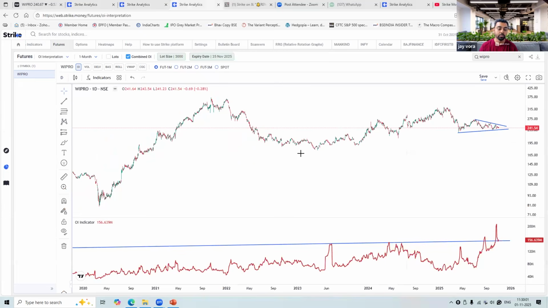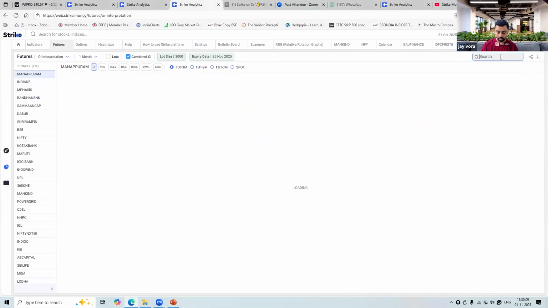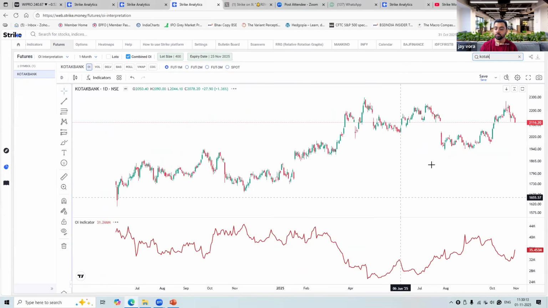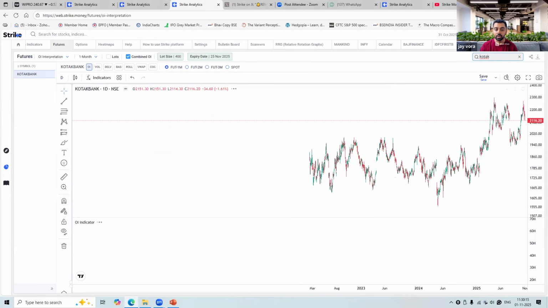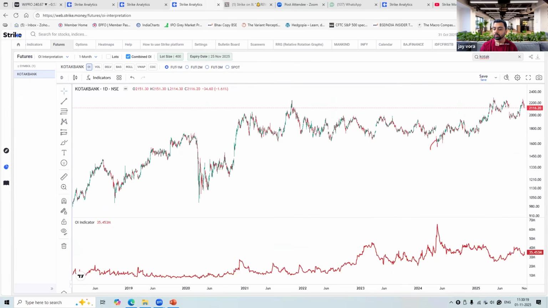Now, just to help you understand the importance of huge shorting, I will take you through a few stocks. So this was Kotak Bank, when the RBI had told them to stop issuing credit cards. Open interest was high. It was at the extreme.